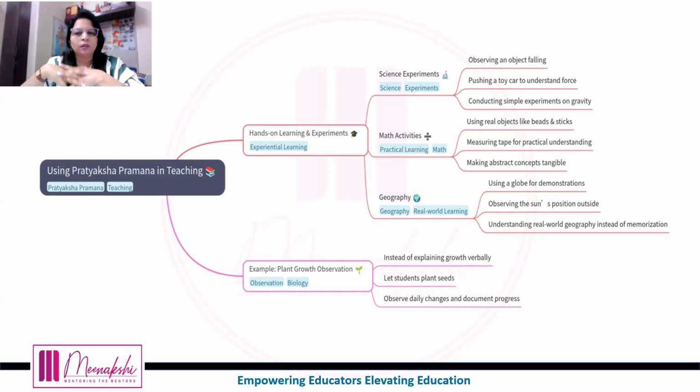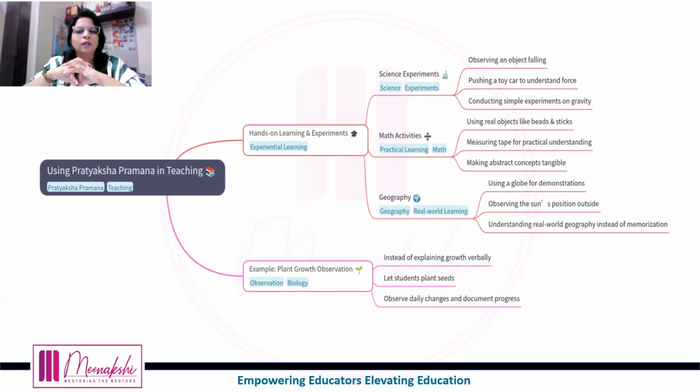Likewise, we have a geography lab and a social sciences lab as well. For that, you can use material and equipment like globes, etc. The children can learn from that, and some other activities can be done. For example, they can go outside and observe the sun's position, understanding real world geography instead of memorization. Another example is plant growth observation.